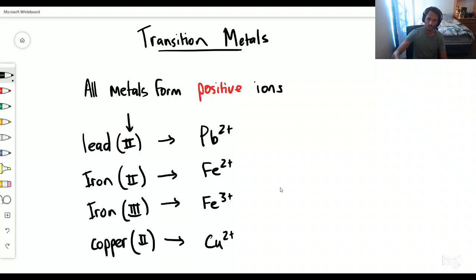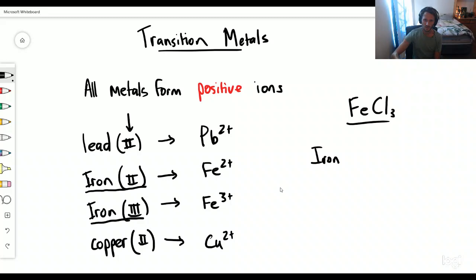So for example, what if they say, can you name this compound, iron chloride? How would I work out how to name this compound? Because we've got 2 forms of iron. Is this iron 2 chloride, or is this iron 3 chloride?